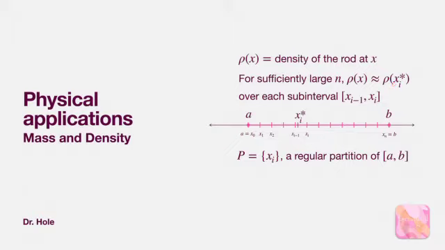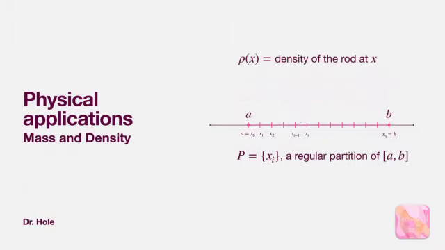In other words, the density function over this interval is essentially constant. We can always find an n large enough such that this will hold, assuming that the density function is a nice, continuous function.